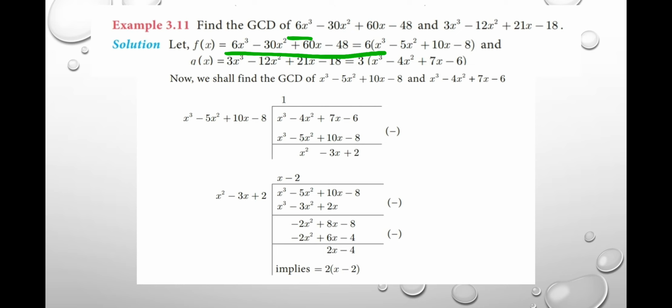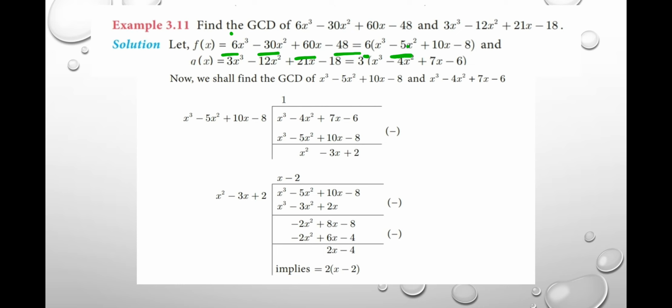In this there is a common factor which can be taken out. Here the common factor is 6, all are multiples of 6. So you have to take 6 outside. What is remaining inside? How many 6 in 6? 1. So 1x cube. Then I take 6 from 30, so what is remaining?